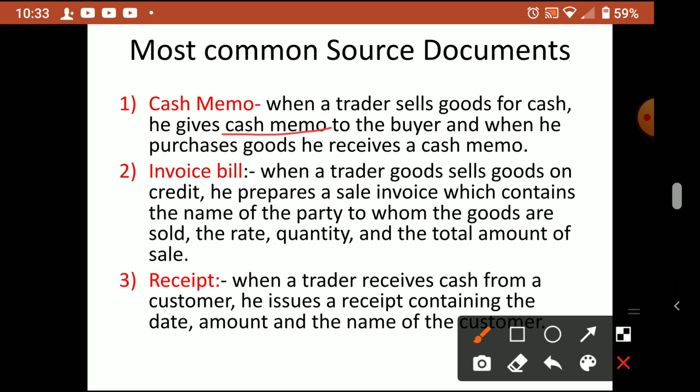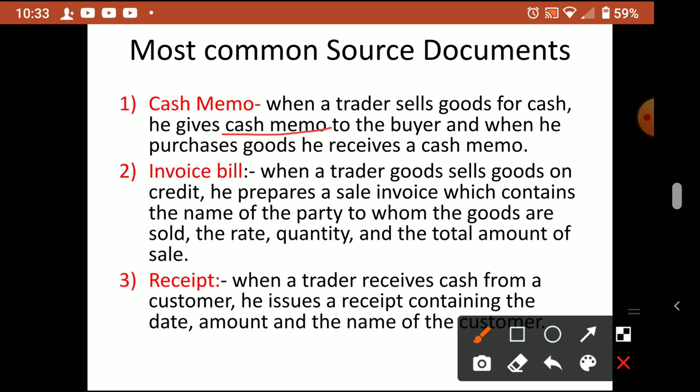They write with carbon copy, so one copy stays in the shop and the main copy you get. At the end of the day, if they check all those carbon copies, they get a clear idea how much sale was done that day. Understood? So that is a cash memo.